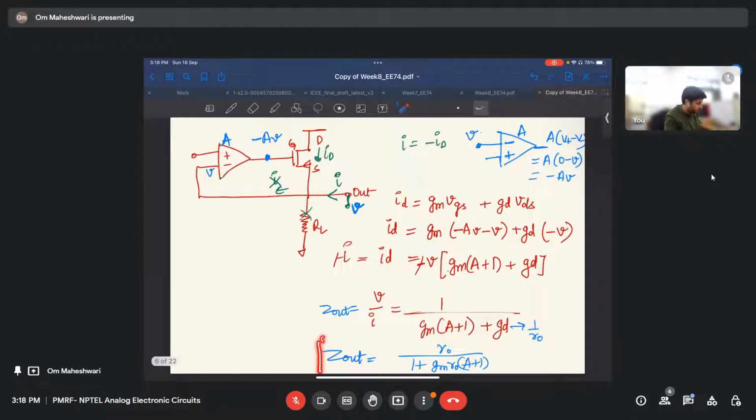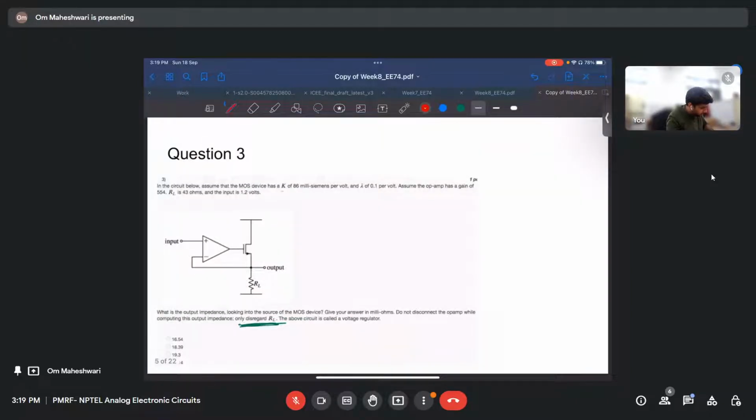So anyway, this is the Z out that we get. Let's see one more thing. To find that, I think all the things are given, K is given, lambda is given.